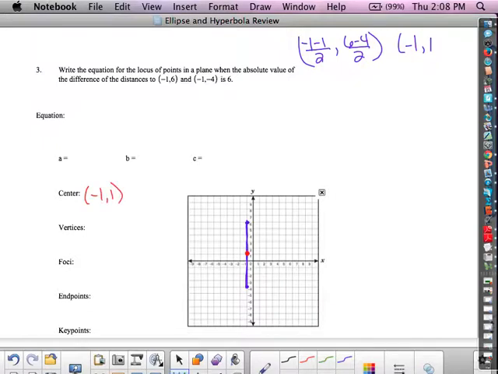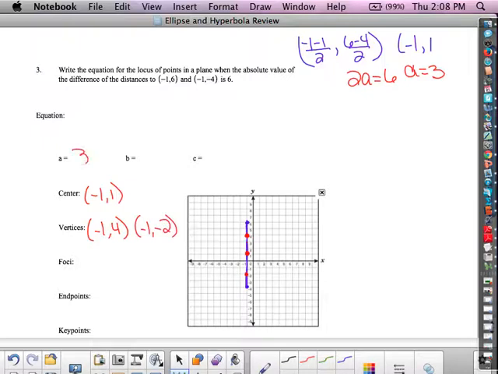Then 6 is 2a. So a is equal to 3. So from the center, you're going to go up 3 to minus 1, 4, and down 3 to minus 1, minus 2 for your vertices.